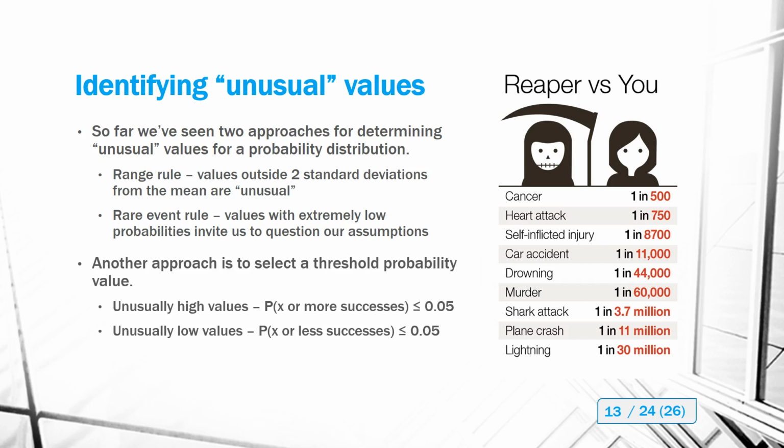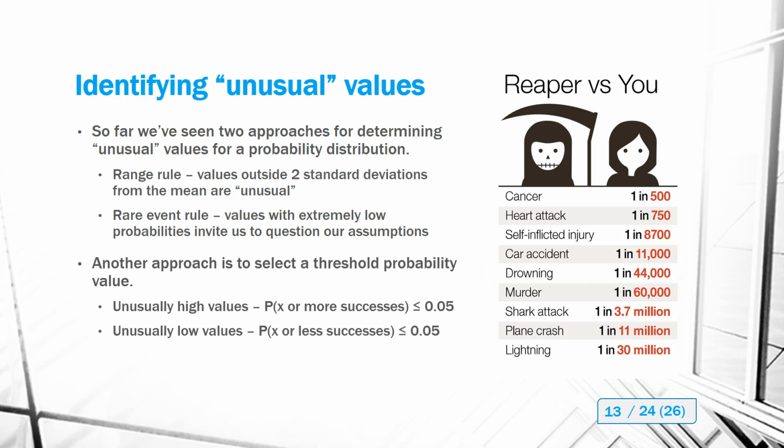There are a lot more people surviving cancer and dying from something else than there were in past generations. So the probability of you dying from cancer is really small. That means someone who died from cancer would be an unusual event. That's a statistically unusual event.